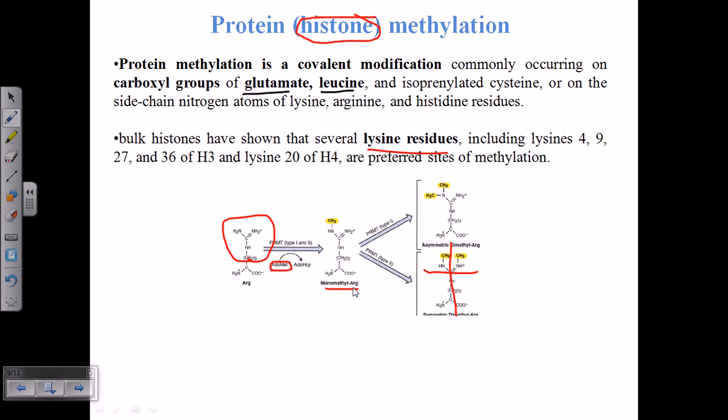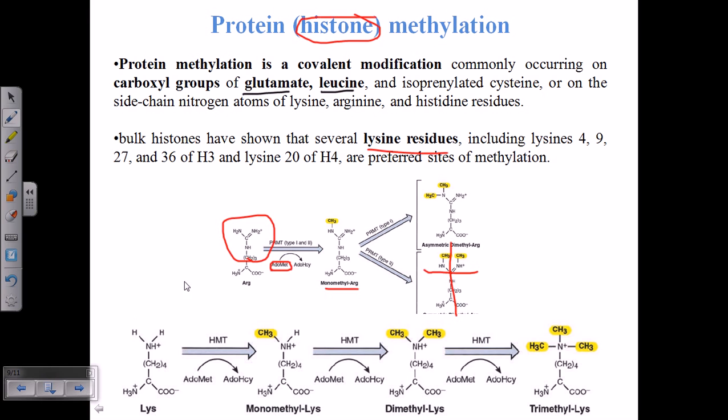So it can produce monomethyl arginine as well as dimethyl arginine. The production of dimethyl arginine can be of two different types, asymmetrical and symmetrical. Here is the asymmetrical one onto the same nitrogen. This is the symmetrical one, onto two different nitrogens. And this one is the methylation of the lysine residue, so it is the lysine.